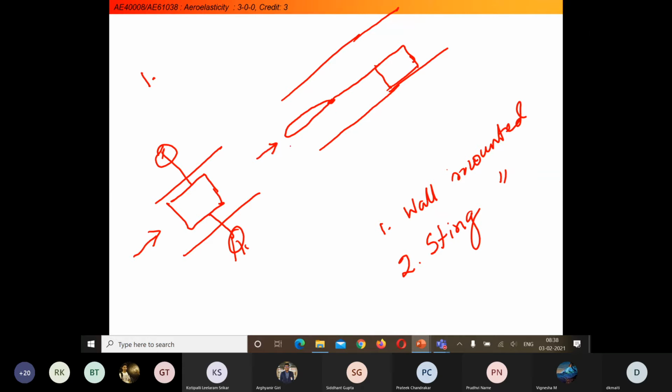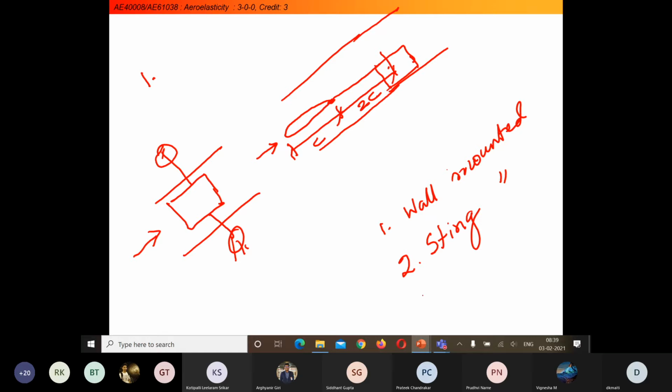Basically this length is C, and the length from the support will be 2C, so that the interference effect will not influence the aerodynamic characteristics of this aerofoil.